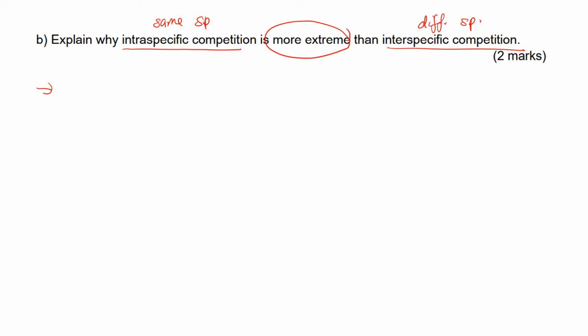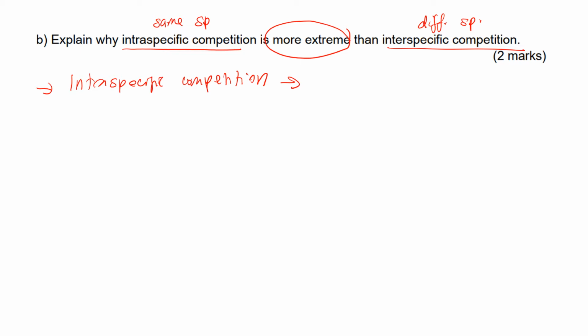This is because intraspecific competition involves competition between individuals of the same species, so therefore they use the same resources. So the individuals will compete for the same food, for example.